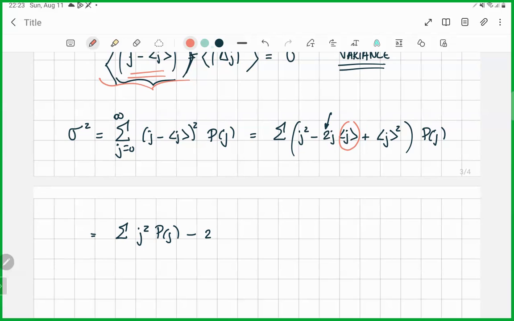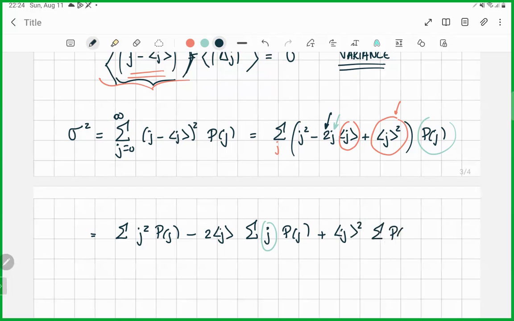So I'm also going to take this outside the sum, and keep inside the sum only the thing that changes according to j, which is this j here, and we also have the probability here, which I'm copying back. The last term, again, we already computed the average, and its square does not change according to the value of j. So I'm going to put it outside the sum, and here we have the sum of pj's.